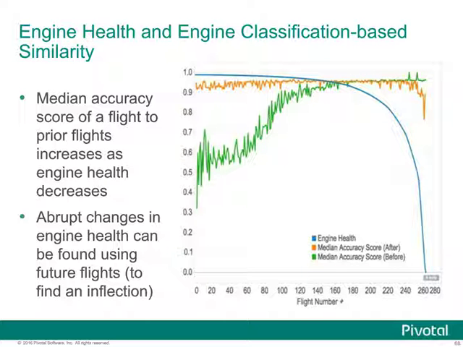In addition, what we've done is plotted the median accuracy score for the particular flight number for all flights that came prior in green. So we can see that in the beginning, we're unable to really differentiate very well from everything that came before. And over time, if you look at the green line, it begins to increase, meaning there has been some shift, which seems to anti-correlate with what's occurring in terms of the engine health score.